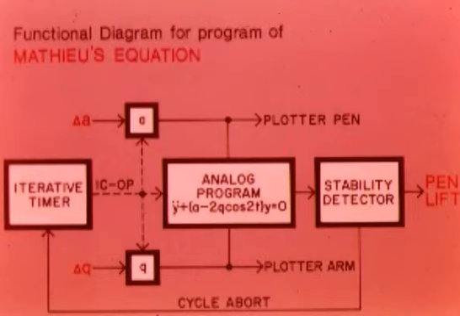The timer then causes A and Q to increment and a new run is begun. With this technique, thousands of values are tested automatically in only a few minutes. In a similar manner, space scientists use the analog hybrid computer to determine favorable launch times for orbital flights.